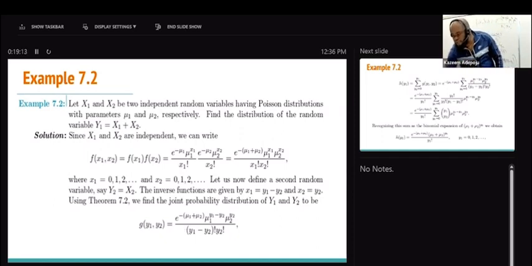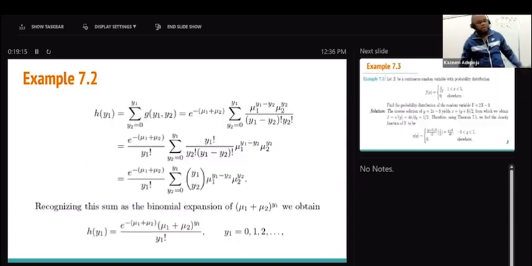So when I do that, it means I want to get h of y1, but I'm interested in y1, then I'm summing over the range of y2 that I'm not interested in, and that y2 will go from 0 to y1. Now in the end, you see what I got here.